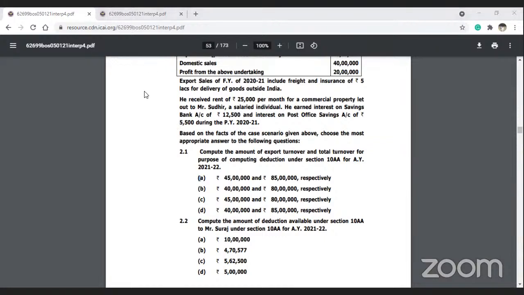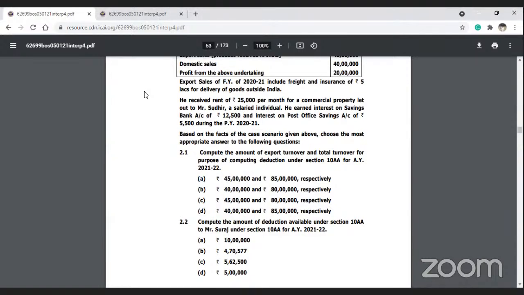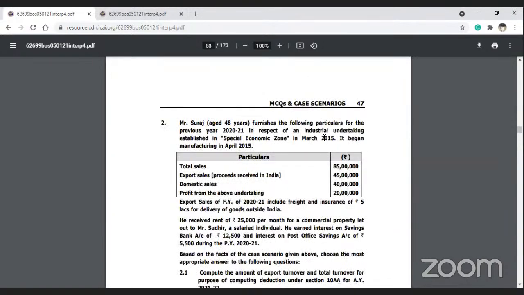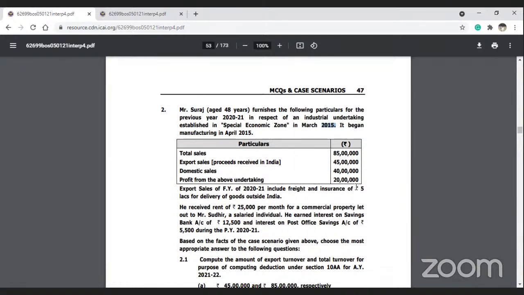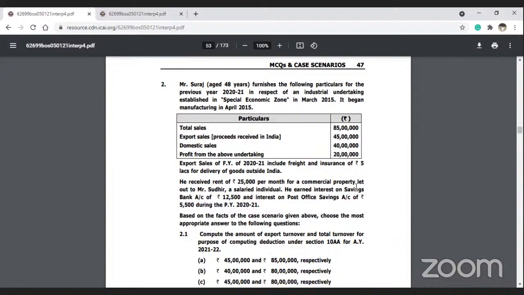50%. But it was in which year? Oh yeah, it is in 2015. We don't have to reduce that 5 lakhs. You have to give deduction. It will be 50% of total amount. Okay, 5 lakh.